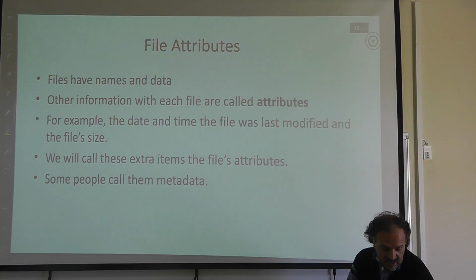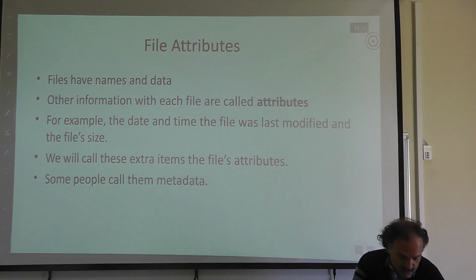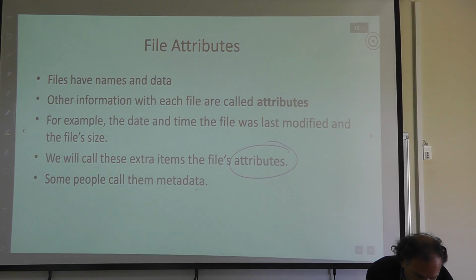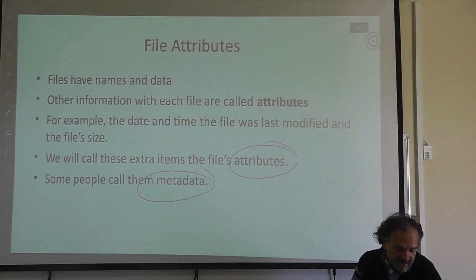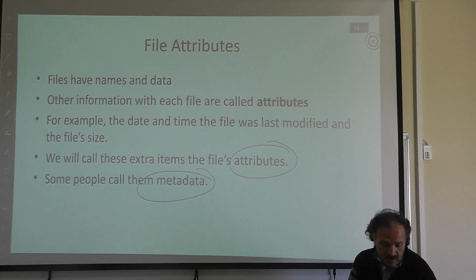Those are the date and time the file was last modified and when it was created, etc. These are all called attributes, and some people call these metadata. Attributes and metadata are the same thing, and these attributes are different for different operating systems.